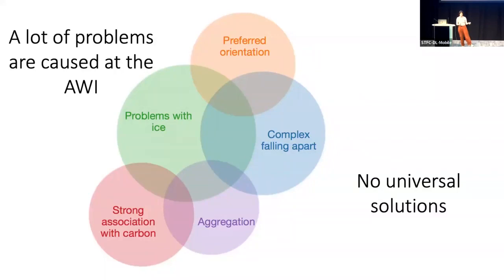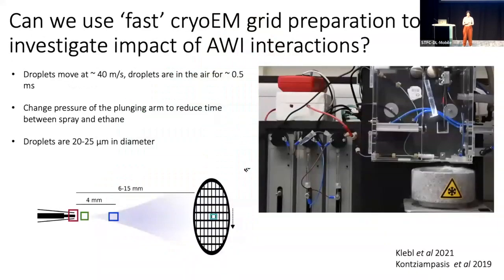And I think the problems highlighted here are caused in large part by interactions at the air-water interface. So essentially, Steve and I are particularly interested in looking at what is going on there, what we can learn about it, and how it then impacts downstream structure determination.